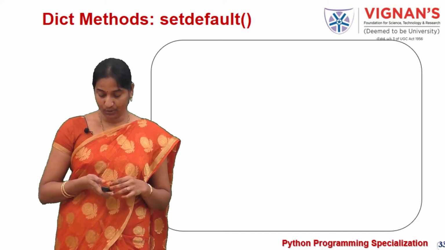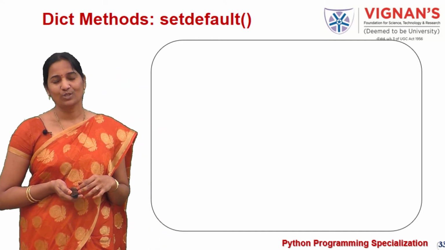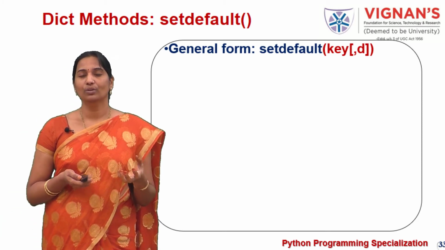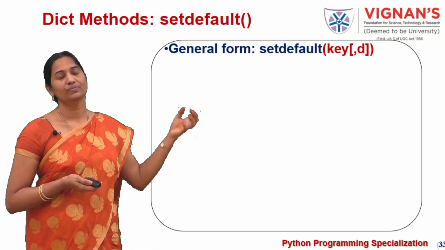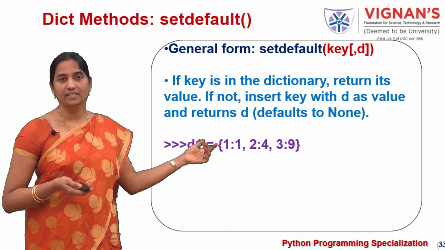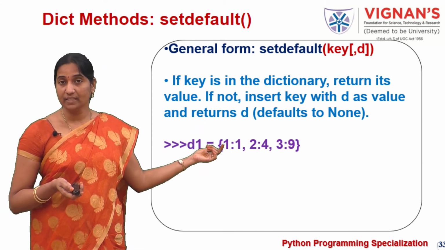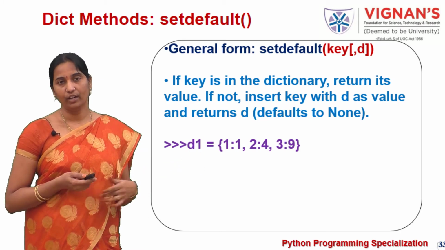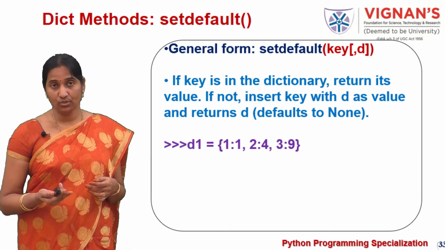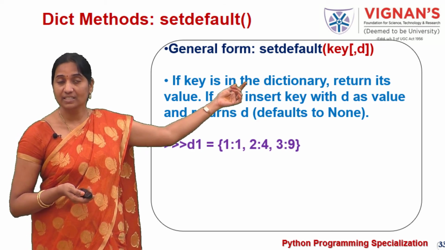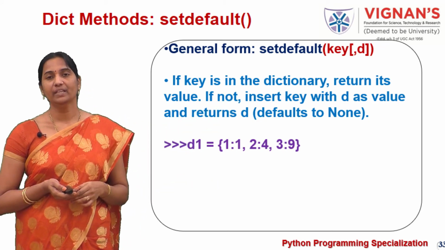Now let's see how we use the setdefault method. The setdefault method is used to set a default value for an element whose key is equal to the given key. Whenever you call setdefault, if the key is already present in the dictionary, then it returns that value. If it is not available in the dictionary, then the second argument you are passing, which is d, will be returned.